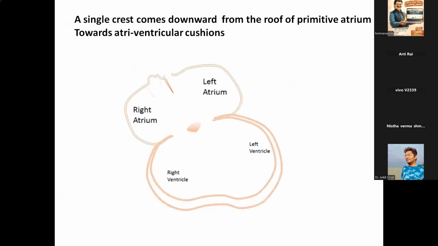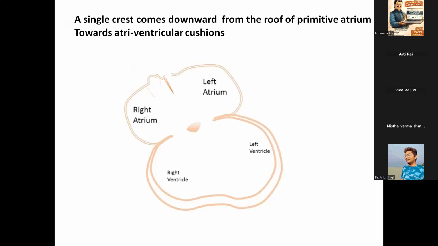Now you see, from the right atrium, a single crest comes downward from the roof of the primitive atrium towards the atrioventricular cushion. Okay, so in between, what is there? The atrioventricular cushion. So from the right atrium, a crest has started developing towards its downward side, and it is developing towards the atrioventricular cushion.